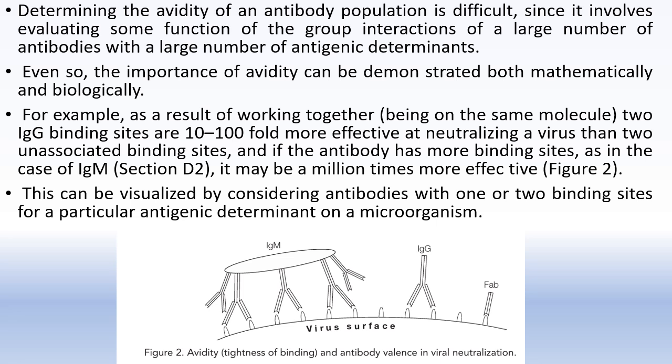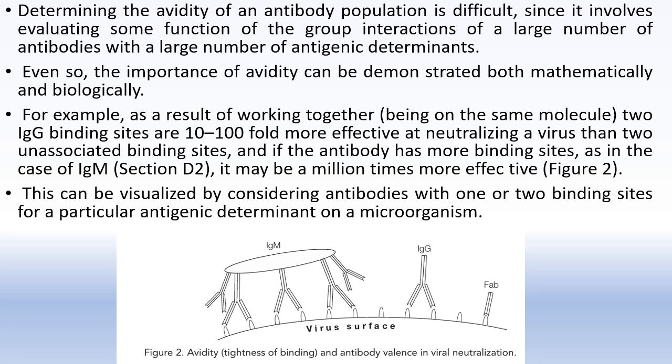For example, as a result of working together, being on the same molecule, two IgG binding sites are 10 to 100-fold more effective in neutralizing a virus than two unassociated binding sites, and if an antibody has more binding sites, as in the case of IgM, section D2, it may be 1,000,000 times more effective.